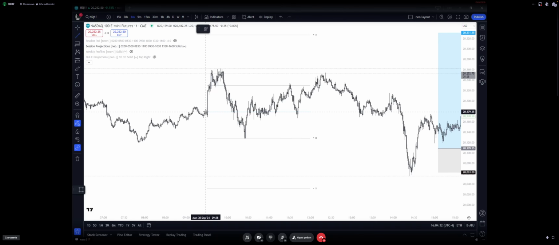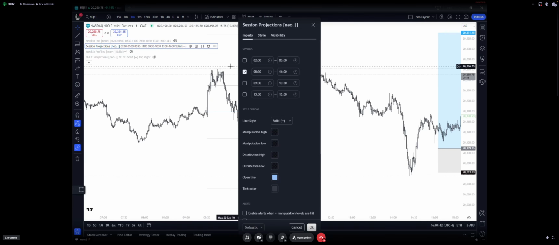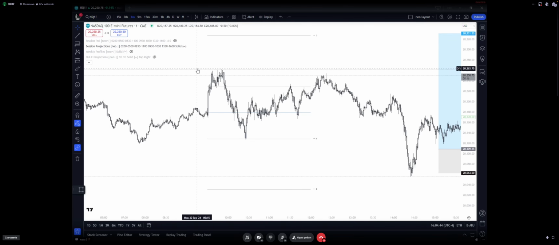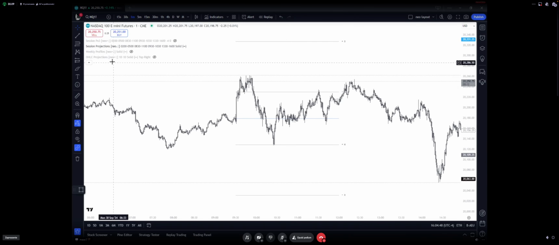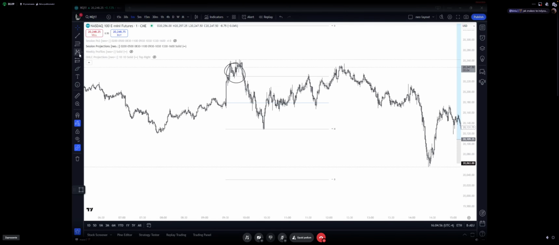Wait, no, this is the 9:30. I'm going to update this one so you can change it to your own time zone, but right now I think it's UTC-5, so you just have to play around with that. Here you see the session opens, you get the New York open, and then you get the manipulation to this top manipulation level.